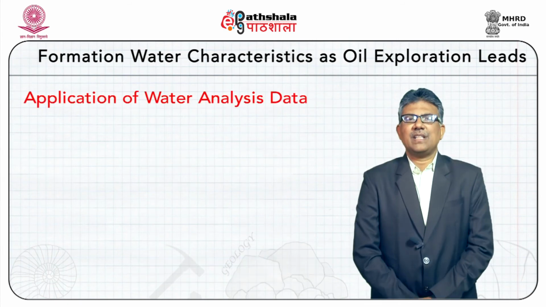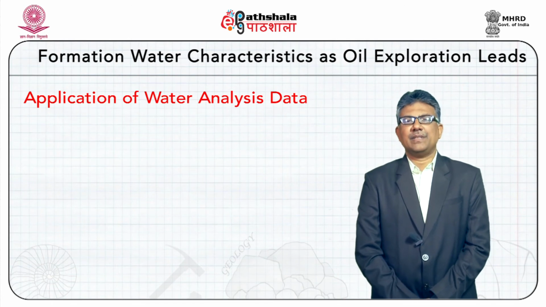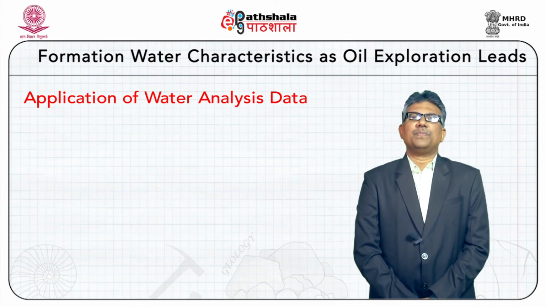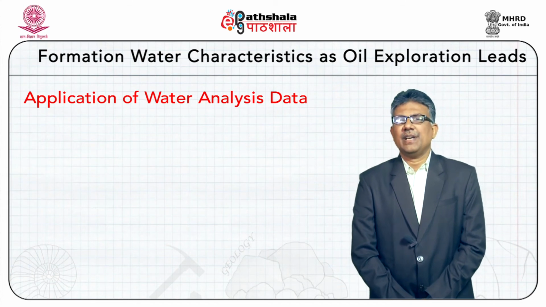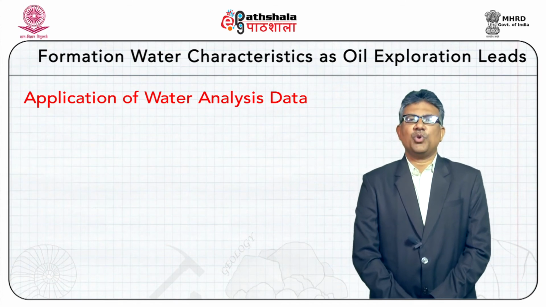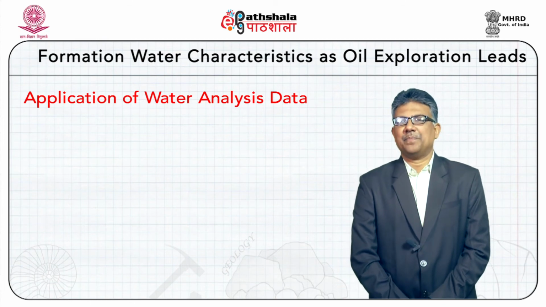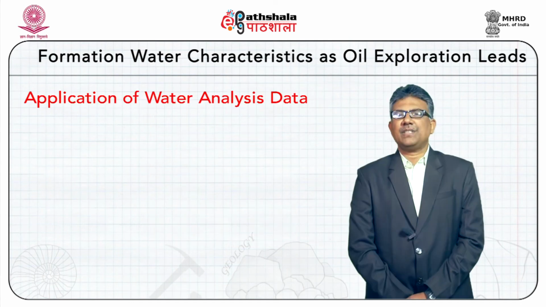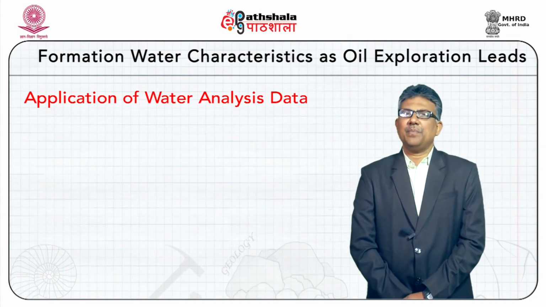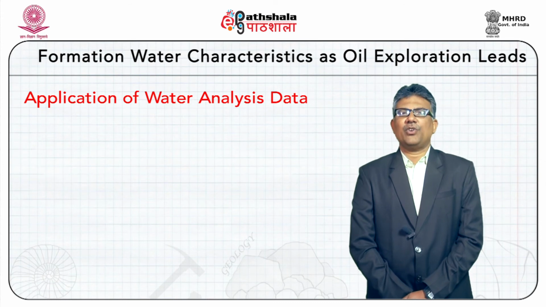Now, we discuss the application of water analysis data. For any geological purposes, as an exploration lead, it is often advantageous to show water analysis data on a map, preferably on the isochore map. The most popular method for plotting chemical analysis data of water samples is the Stiff diagram. In the Stiff diagram, the chemical data in milli equivalents are plotted on a logarithmic scale, and hence there is no zero.